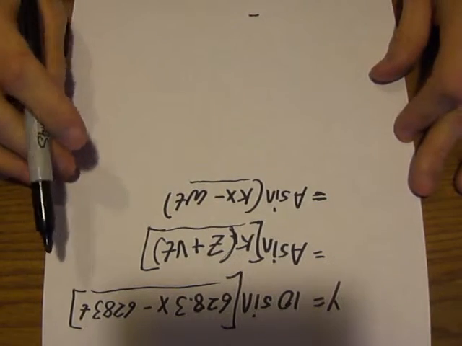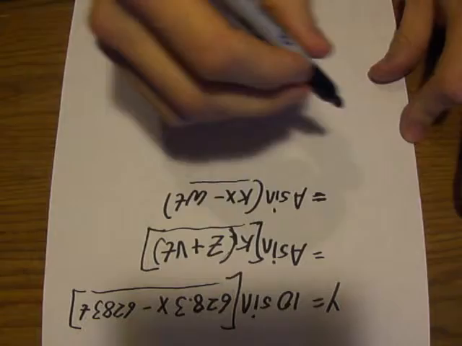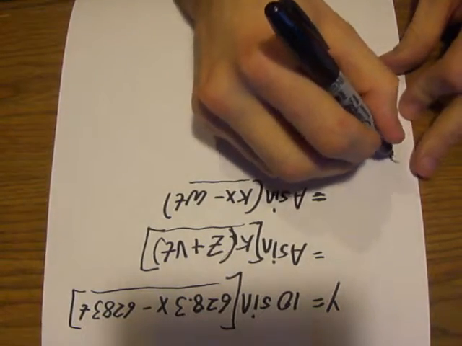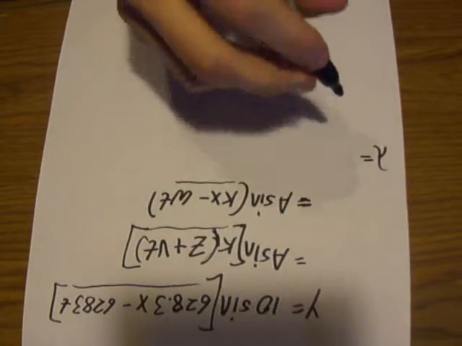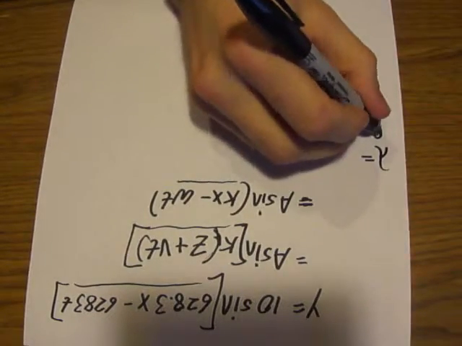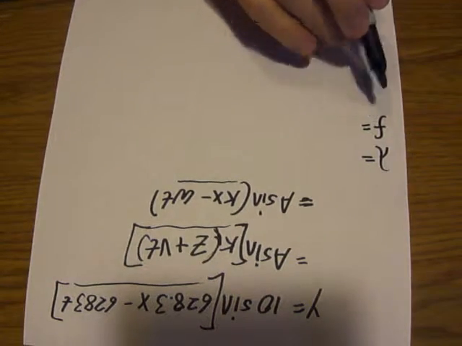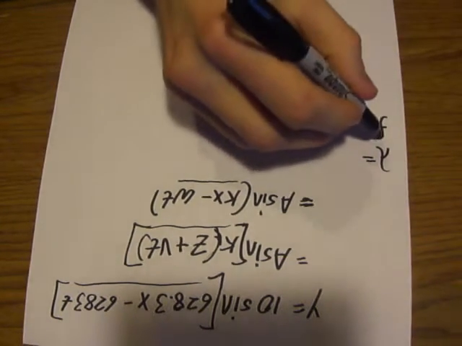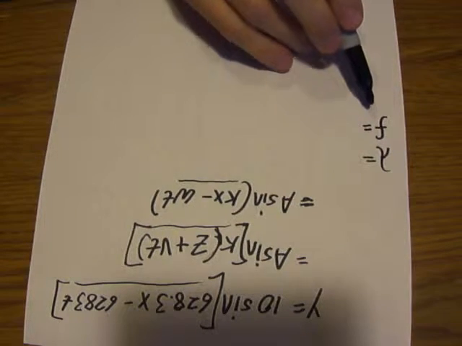Okay, so back to what the question's asking. It wants us to find the wavelength. It also wants us to find the frequency, and this is the temporal frequency as opposed to the angular frequency, which you'll see the difference in a second.